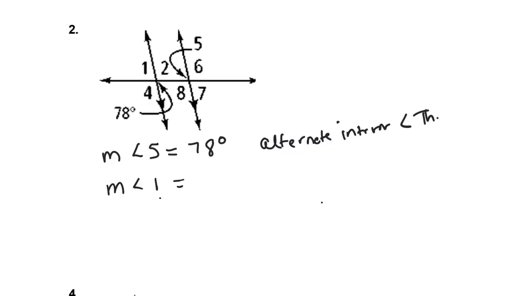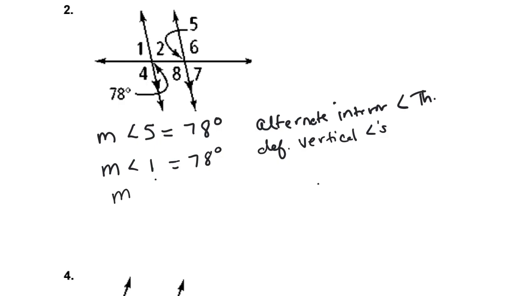We know that the measurement of angle 1 will be 78. And that's by definition of vertical angles. Remember that vertical angles are all congruent.